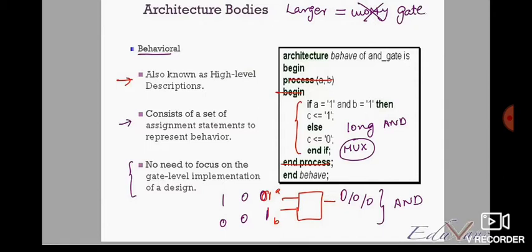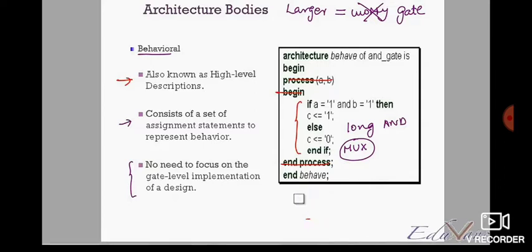Well, then the question in your mind is, if I don't worry about the gate level, then who will? That's a very logical question that comes to your mind. The answer to that question is, when you write your VHDL program, you put it through something called a compiler.